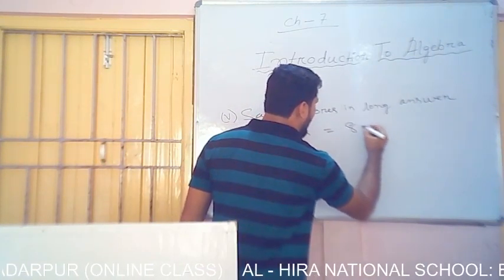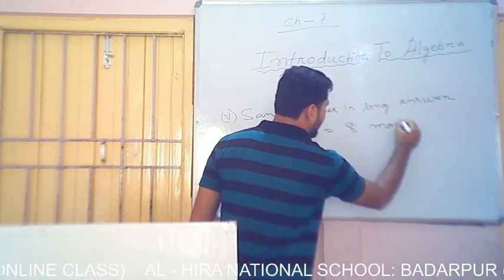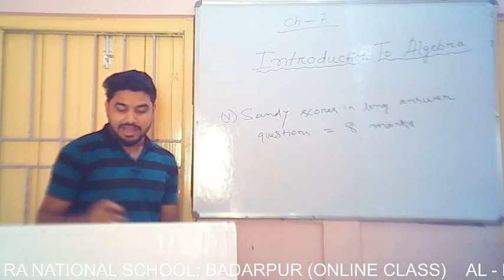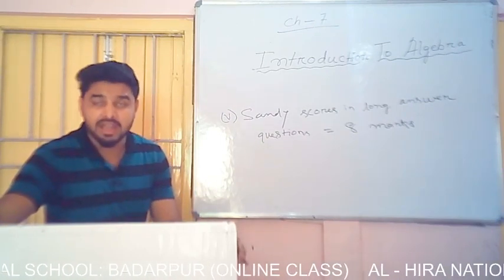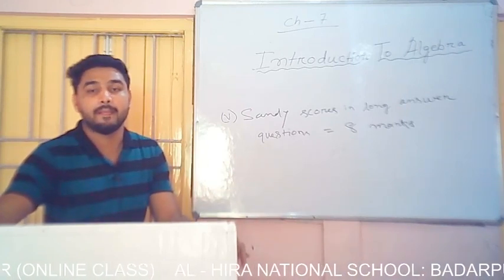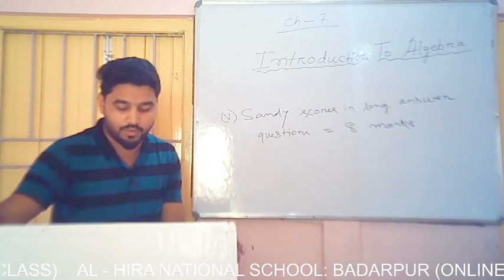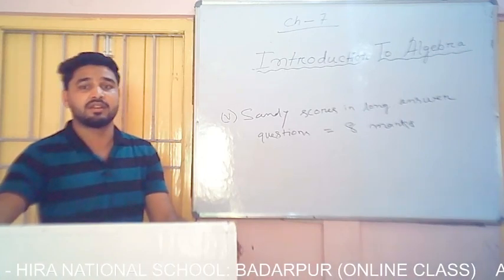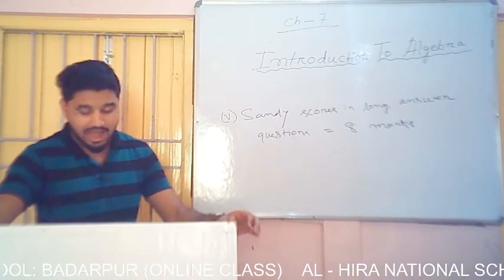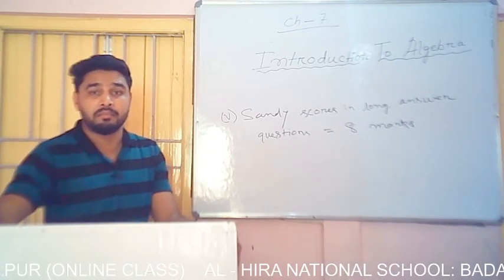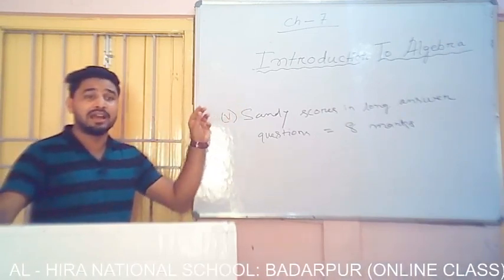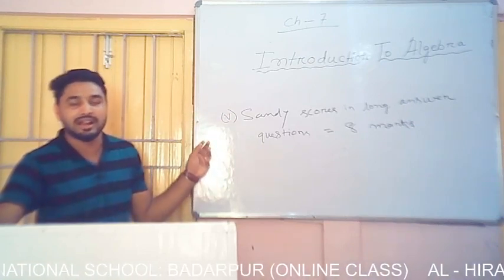That is given in the question. And for each correct short answer, the mark given is 2. Now Sandy scores x short answers. So the question asked is, what is the total mark scored by Sandy? So now if we add both the long answer and short answer marks, then we will get the total score.